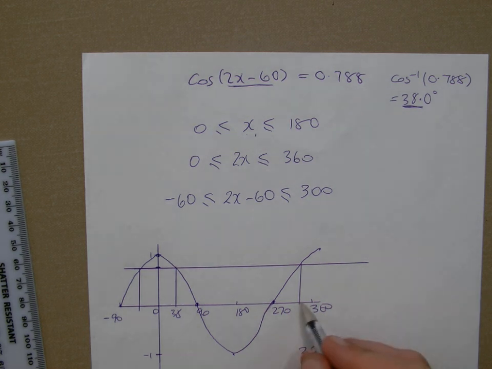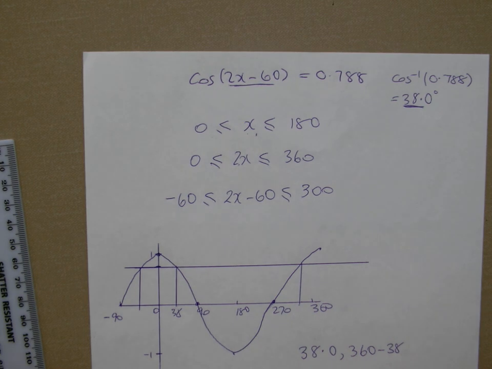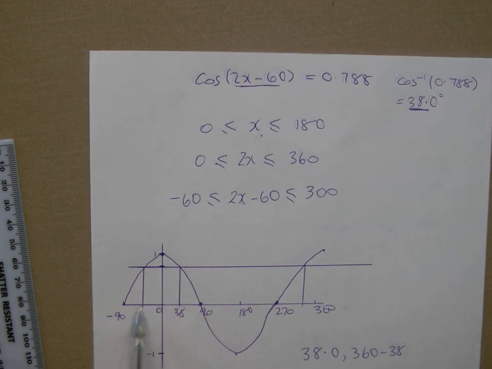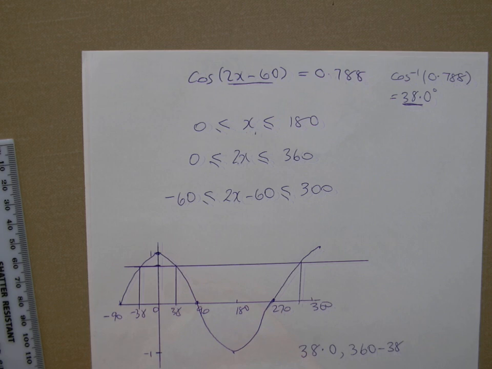To get that solution there, I've just got to do 360 minus 38. And then this solution here will be minus 38, because it's always symmetrical. It's 38 this way, and it's still going to be 38 across the other way, so we get minus 38.